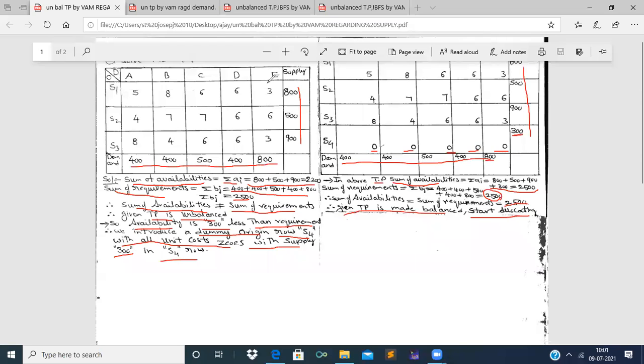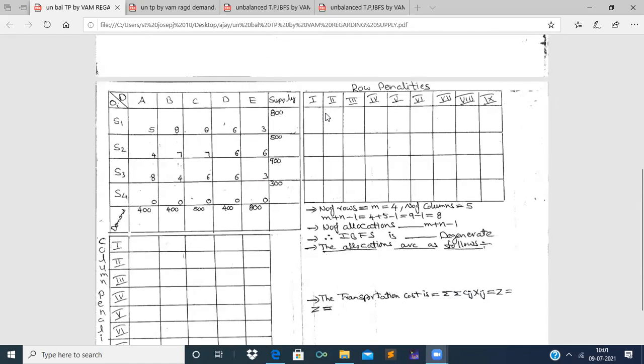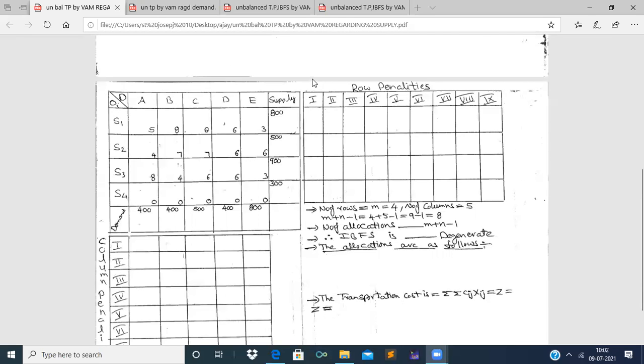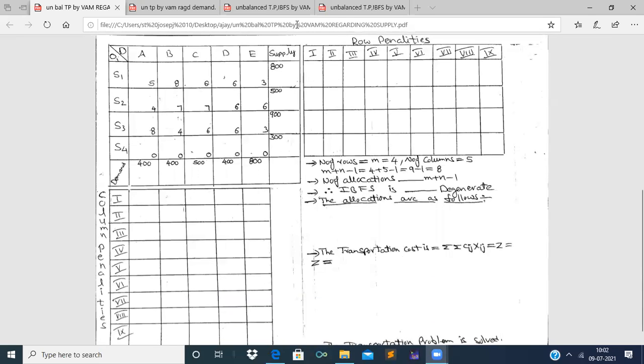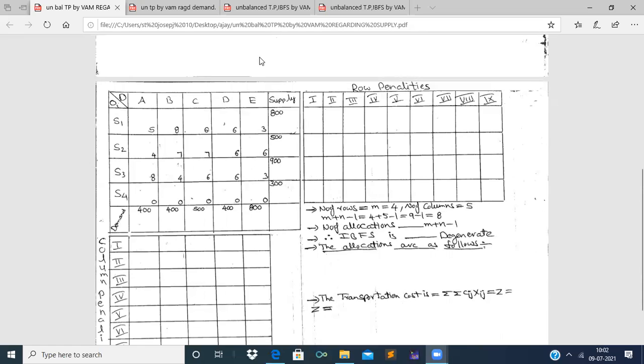Now let us clear this and go for the allocation process. So it is the table in which we have to allocate, by taking the row penalties and the column penalties. Now, see here, let me start the problem.